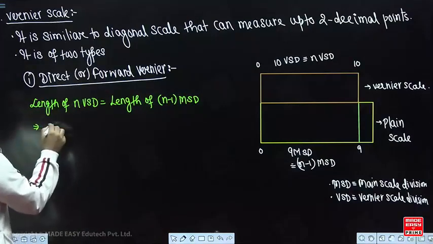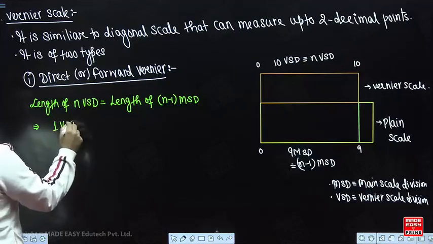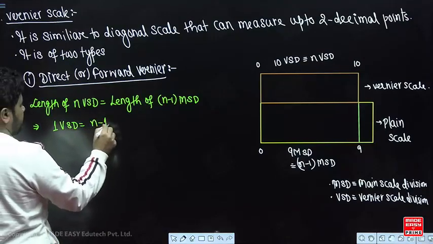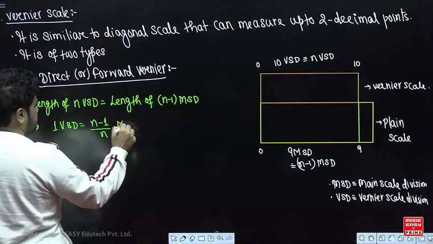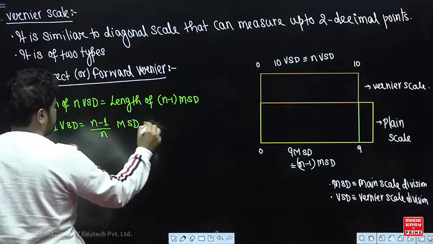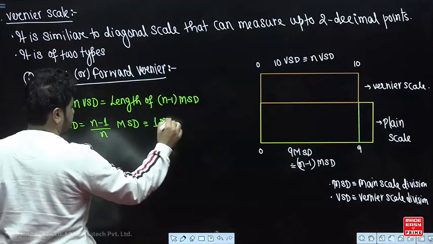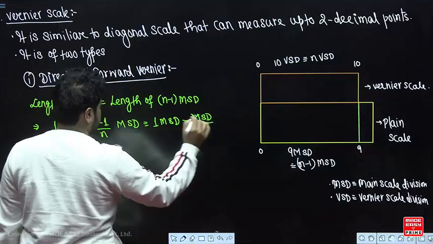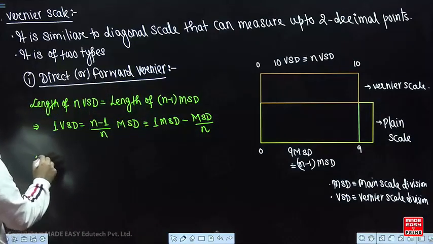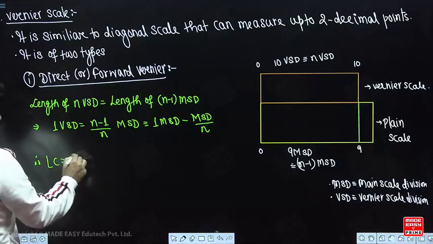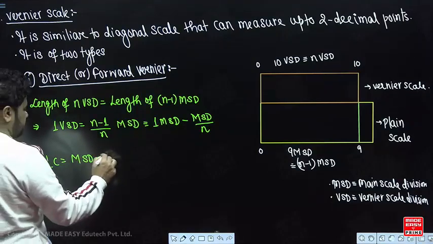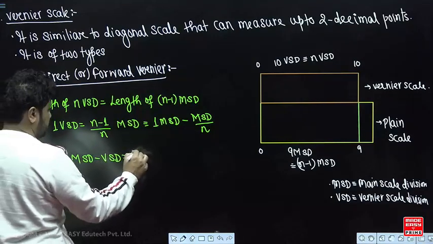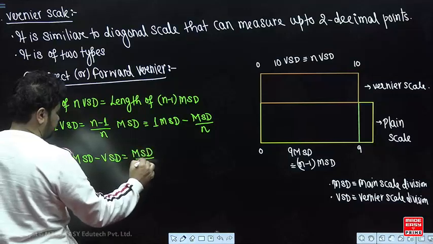So this implies 1 vernier scale division is equal to (n minus 1) upon n main scale division, which is equal to 1 main scale division minus main scale division upon n. Correct. So therefore we define least count as MSD minus VSD, which is equal to MSD upon n.